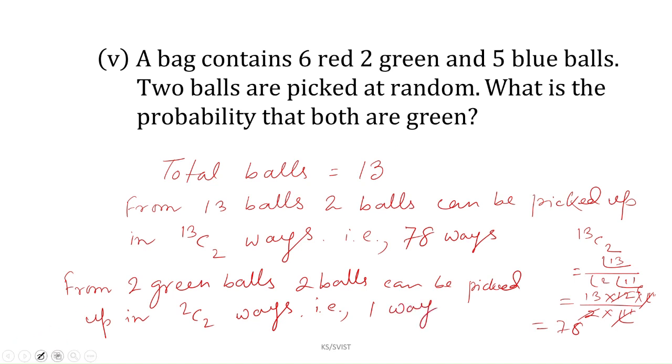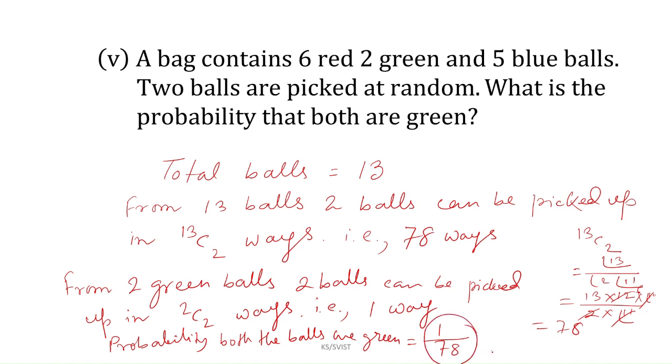Now the required probability, that both the balls are green, is favorable outcomes 1, total number of outcomes 78. So the answer is 1 by 78.